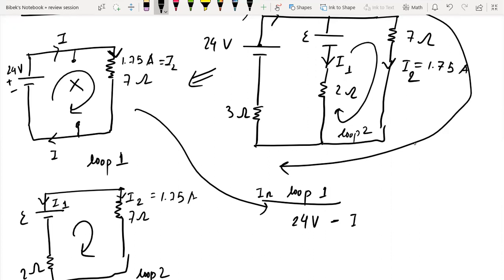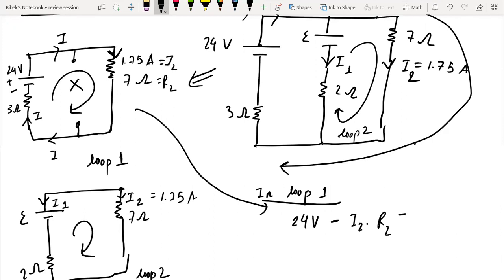So that is I2 times, let me call it R2, okay. And there is another resistor, which I forgot to make. Here's another resistor that is 3 ohms, okay. So there is also a drop in this resistor.